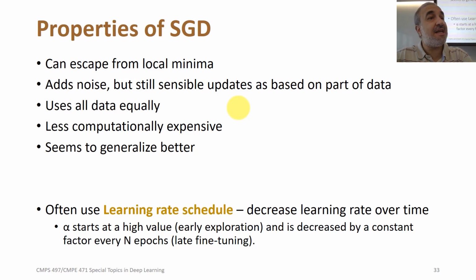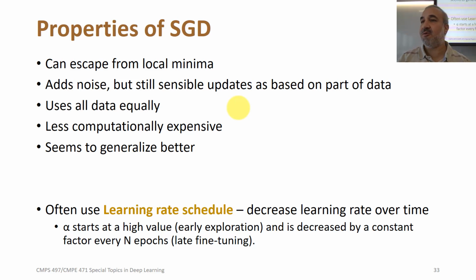So far, we said that the learning rate is fixed, remember alpha? So far we said that it is fixed, but that's not always the case. With stochastic gradient descent, usually we use a dynamically changing learning rate. We start with a large learning rate, and over time we make it smaller.